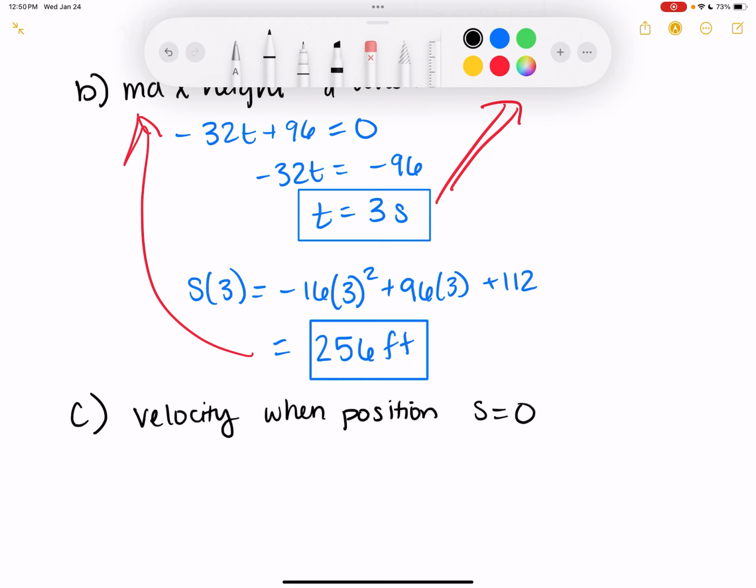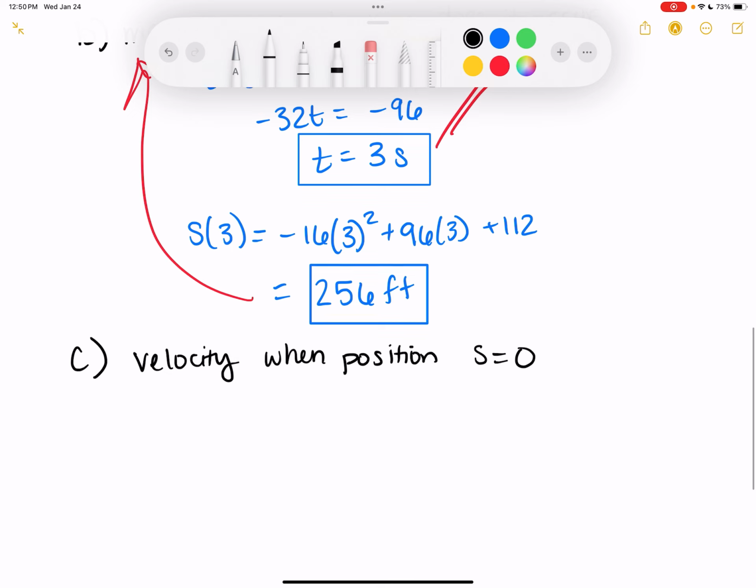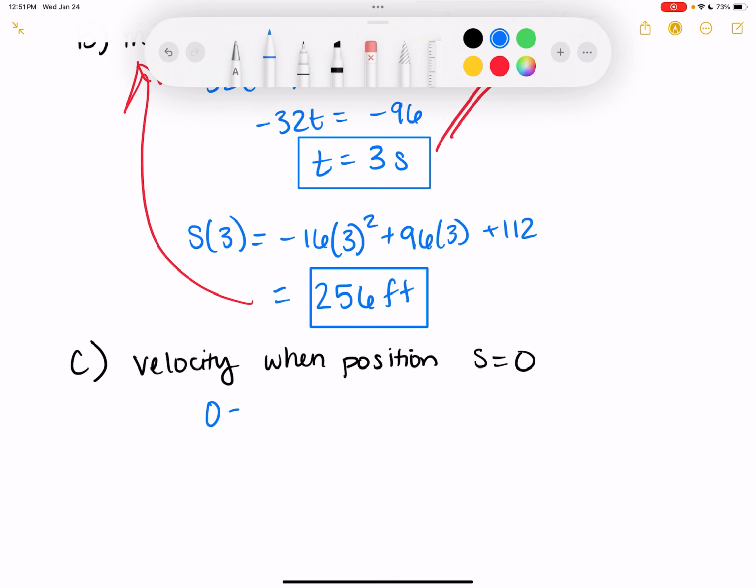So we're going to set the position function equal to 0. So we're going to have 0 is equal to negative 16t squared plus 96t plus 112. And we're going to figure out at what time the position is 0, and then figure out the velocity at that point. So basically, when the object hasn't moved, what's the velocity? Which is kind of a weird thing to think about, but more instantaneous velocity in a sense.